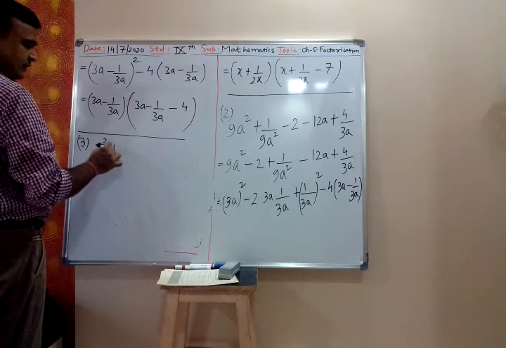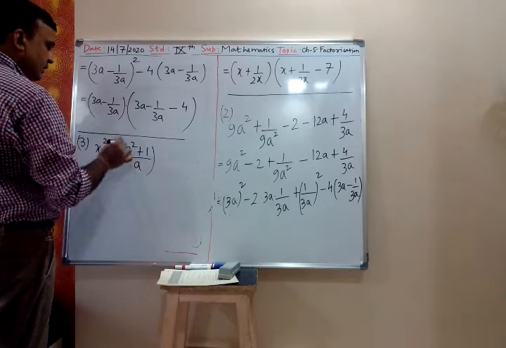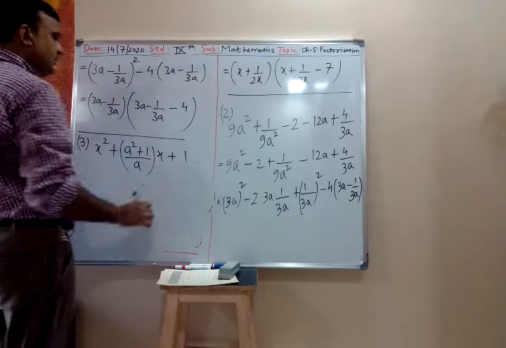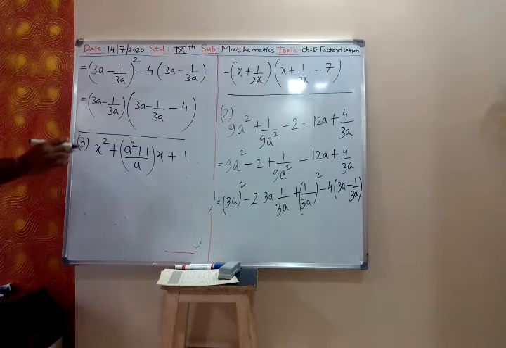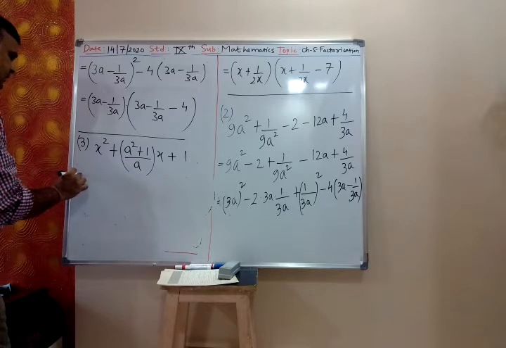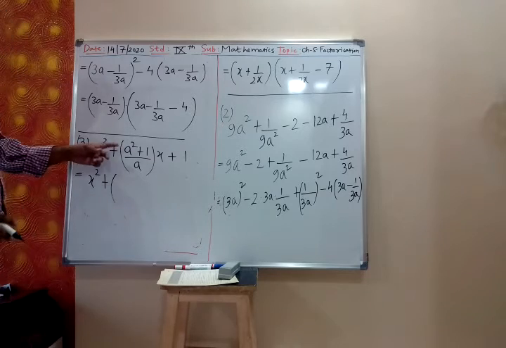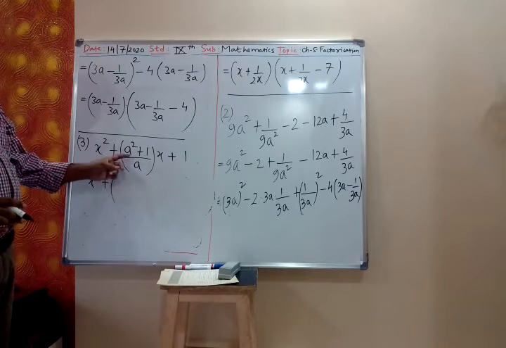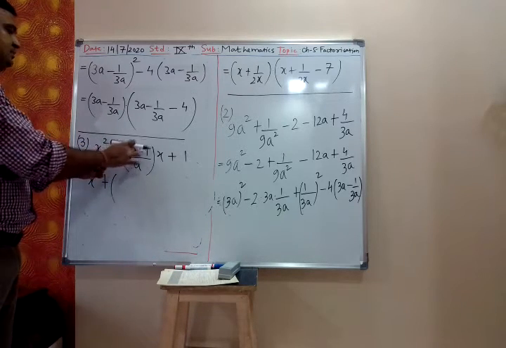x square plus a square plus 1 upon a into x plus 1. Now see here, a plus b upon c I can write as a by c plus b by c.